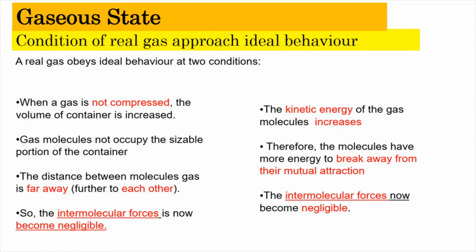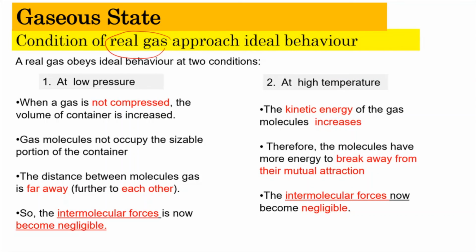Now, we're going to see the conditions at which real gases, gas yang berada dalam reality, boleh menjadi seolah-olah ideal. Apakah dua syarat tersebut? So, these two situations are at low pressure and at high temperature. At low pressure, it means that the volume of the container is very, very high.